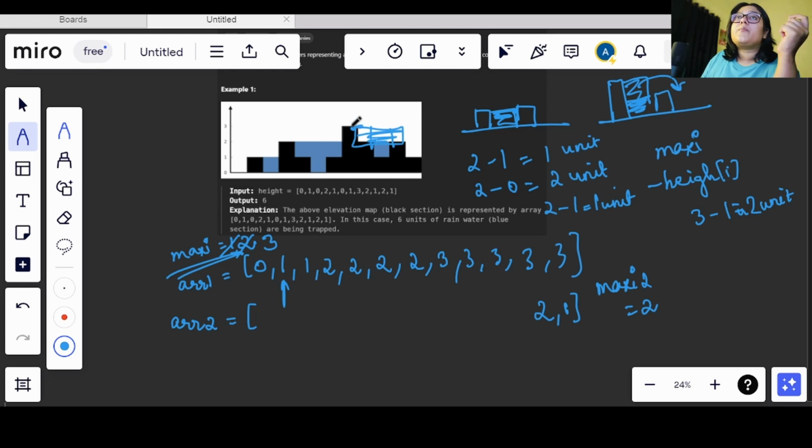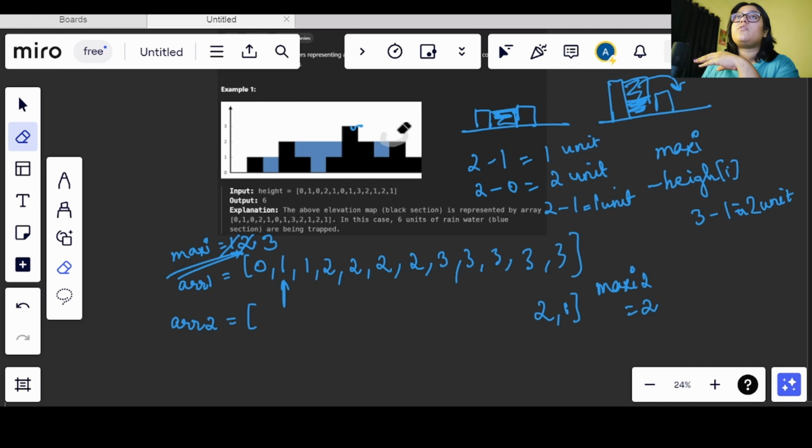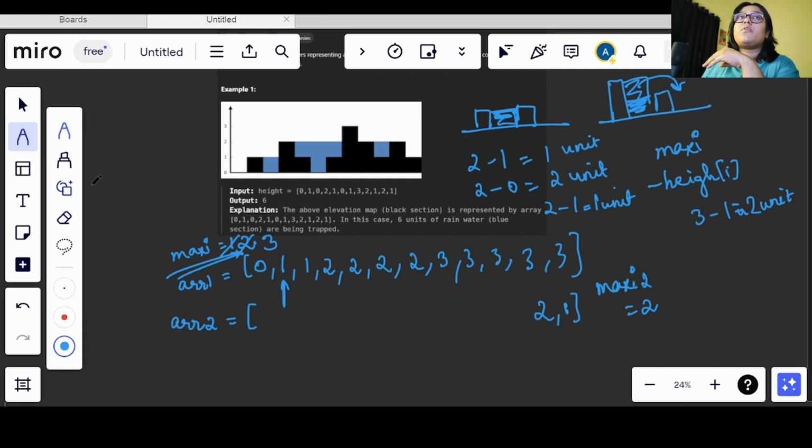And we need to take the value that is not greater than that, we don't have any value greater than 3, we need to get the value that is nearest to the smaller value to 3, okay? So here the nearest value is 2. Therefore what we will be doing here is, we will be storing the value from the back, from the reverse direction, and we will try to get the minimum value according to the 3 here.